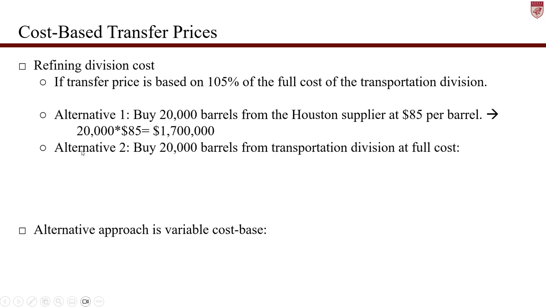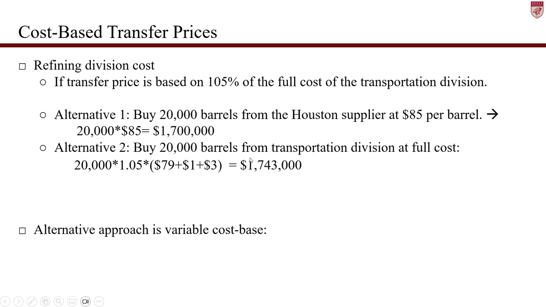But under alternative two, if they are gonna buy based on a full cost, then it looks like this: 20,000 barrels times 1.05 times 79 plus variable cost of $1 plus the full fixed cost of $3, right? Because here we're interested in purchasing based on a full cost, including both the variable and fixed, right?